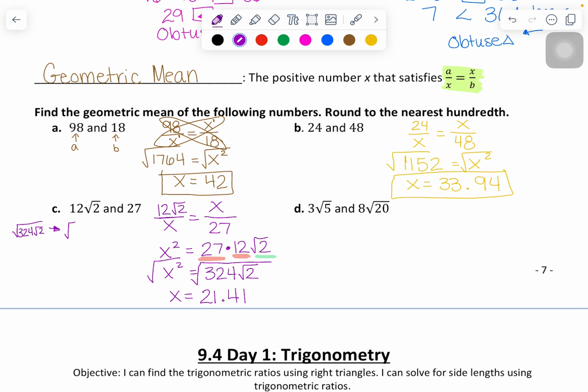Square root symbol. Your calculator is going to give you an open parenthesis if you've got a TI. If you have a Casio, you need to put that parenthesis in. Then you're going to do 324 square root symbol. Your TIs are going to put a parenthesis there. If your Casio doesn't, put it there. Then put a 2, then close, and close again.